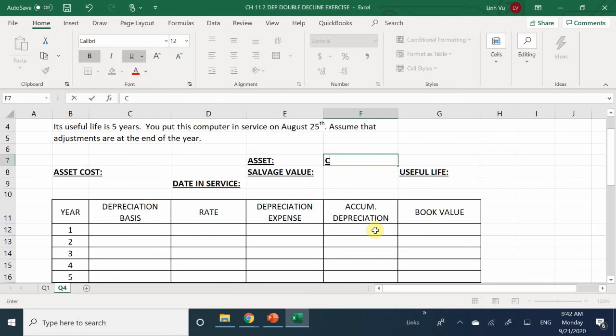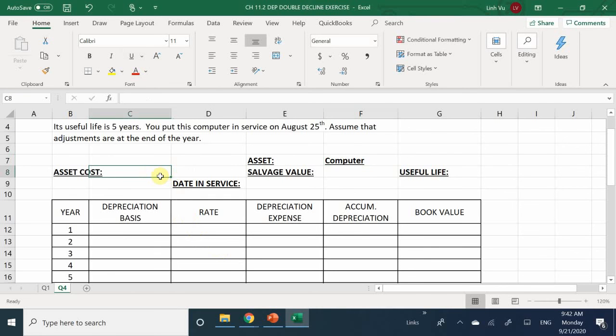Asset cost is 1,988. Good. My asset cost is going to be $1,988. Okay. Good.